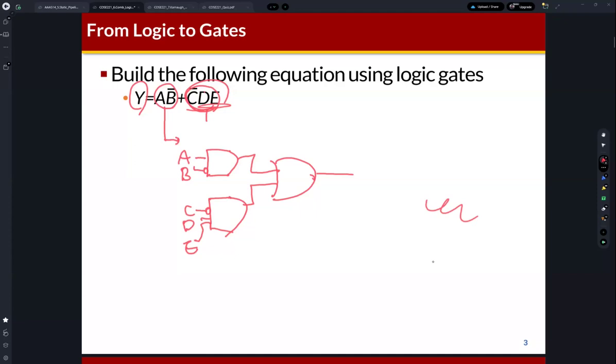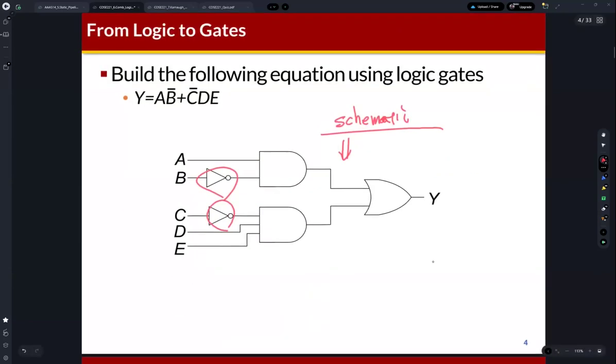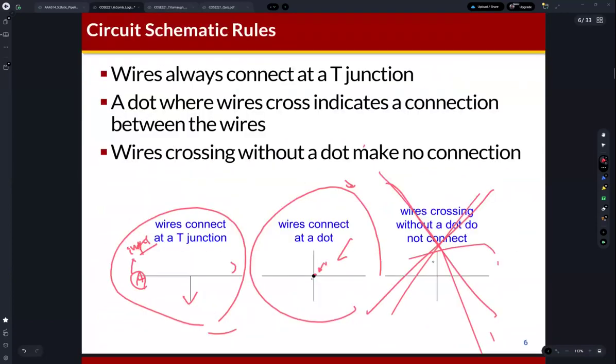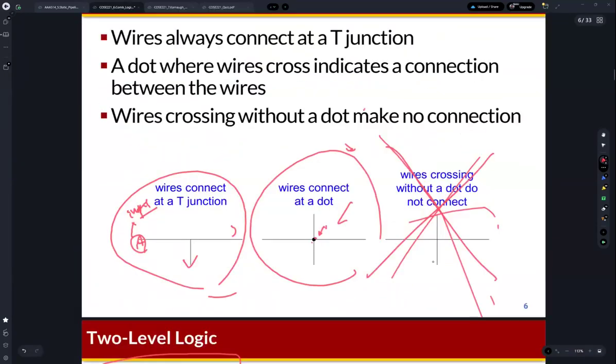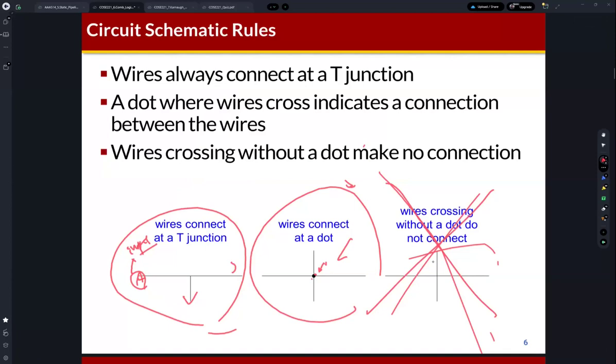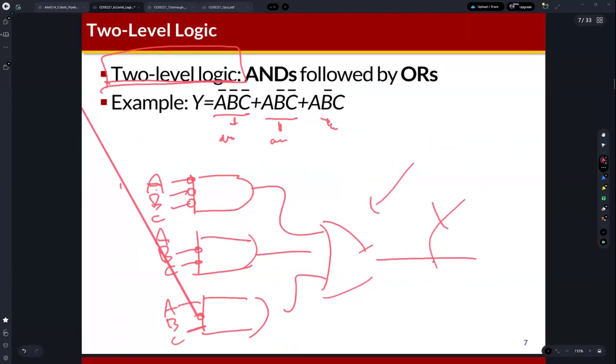So we can easily implement Boolean equations using AND gates and OR gates. We learned how to implement the equation using basic gates, and we also learned how to draw a schematic.